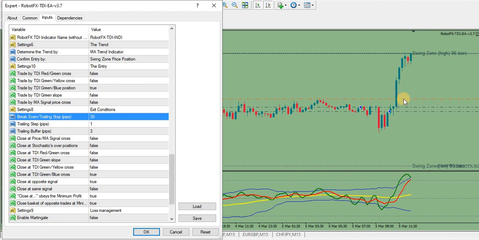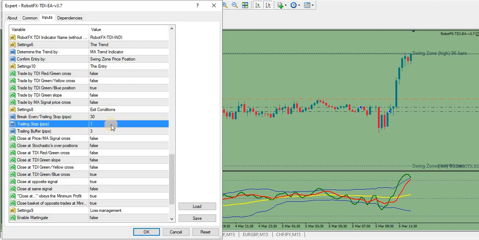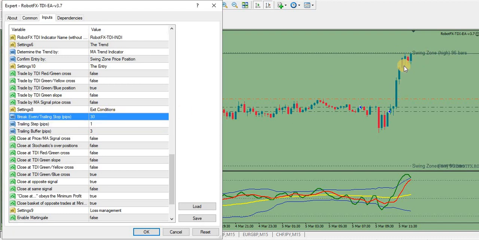Well, the stop loss is trailed, so you know the meaning. The trailing step is 1 pip. That means that with every 1 pip the price moves in our favor, the expert advisor will also drag the stop loss, so it will be 30 pips distance from the current price.